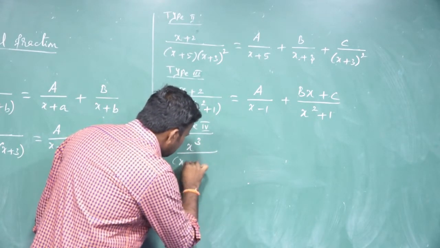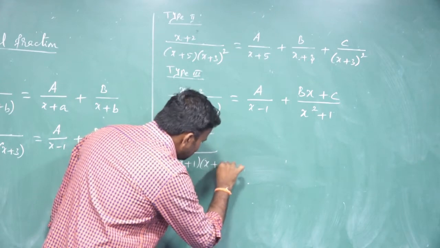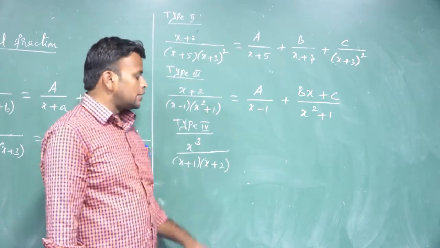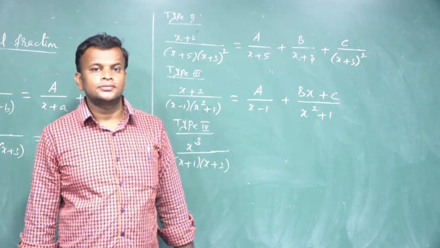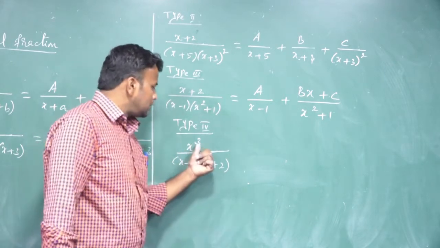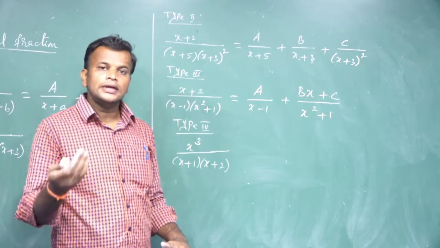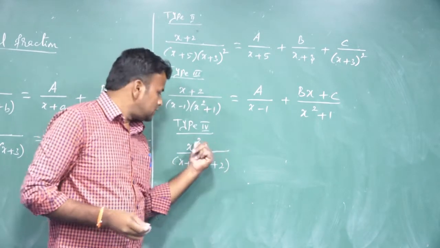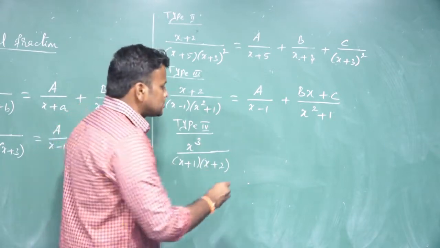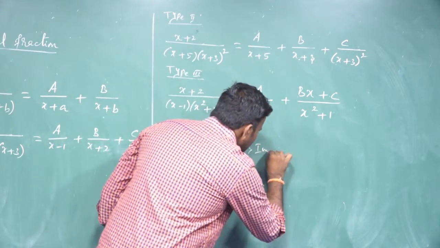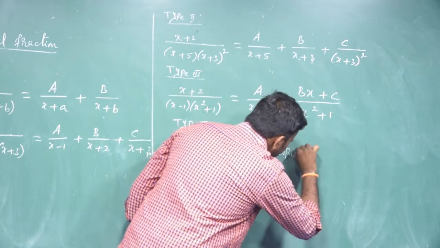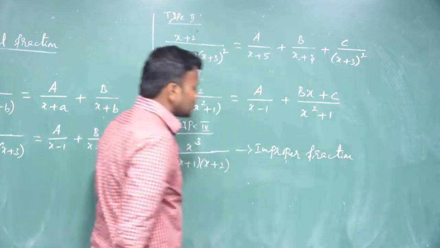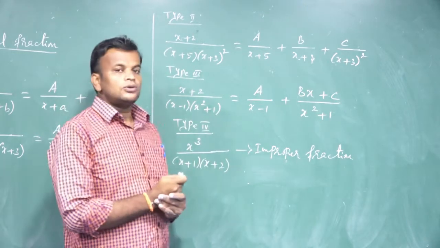Suppose x cube divided by x plus 1 into x plus 2. You see, it is called an improper fraction. Why? The degree of the numerator is 3, and the degree of the denominator, x into x, is x square. Okay, 3 and 2, so it is called an improper fraction. So how to solve it?